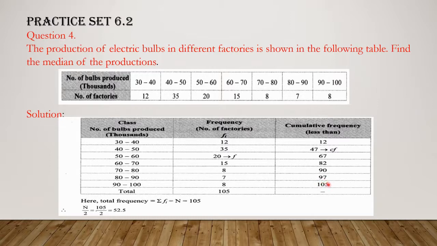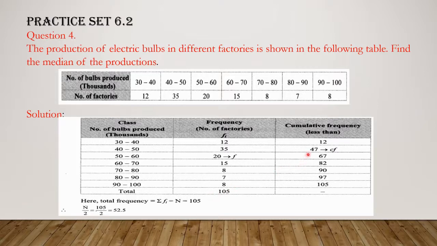Then we have to find the median class. How to find the median class? First, total frequency sigma Fi is equal to n equal to 105, and then find n divided by 2. N divided by 2 is equal to 105 upon 2, which is 52.5. Then next find the cumulative frequency just greater than 52.5.